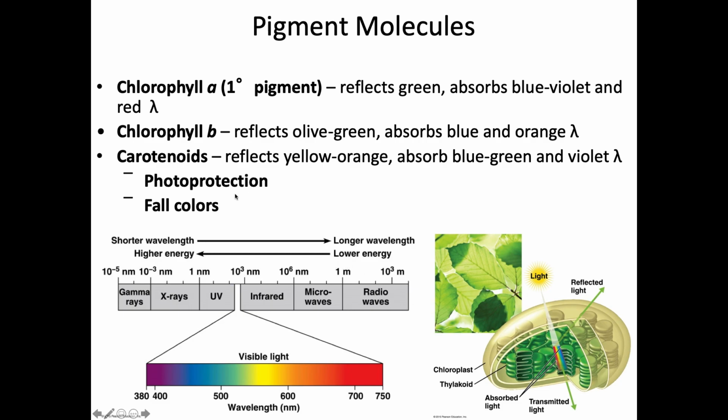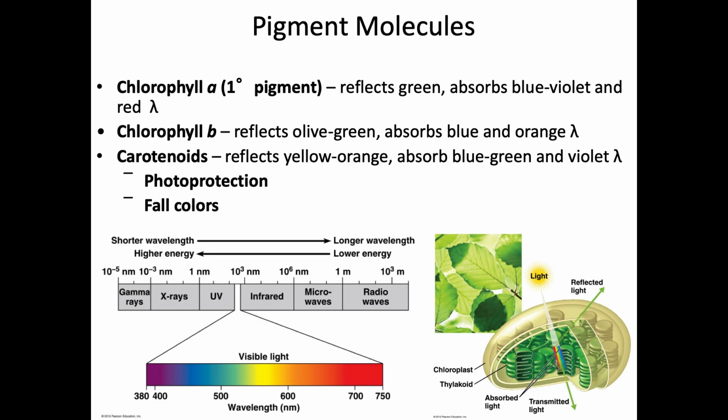Your chlorophyll A is the primary pigment molecule, or antenna molecule, that absorbs sunlight, and it's the one that directly participates in photosynthesis. Whereas your chlorophyll B and your carotenoids are called accessory pigments, and they indirectly participate in photosynthesis.